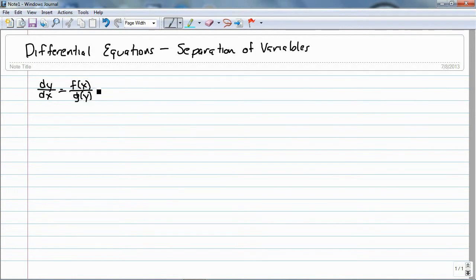And if I do the cross product, I'm going to get all my y's, my dependent variable y, on one side, and I'm going to get the independent variable x on the other.